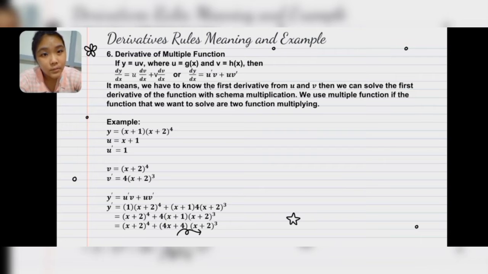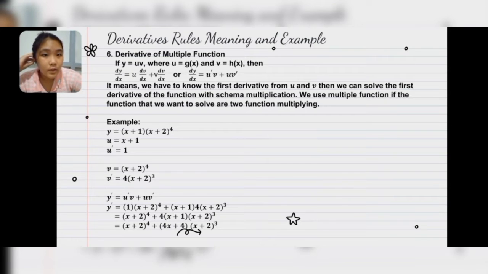The function is y equal x plus 1 times x plus 2 to the 4th power. Okay, we have to solve the u first. U equal x plus 1, so the derivative of u equal 1. And then we have to solve the v. V equal x plus 2 to the 4th power.